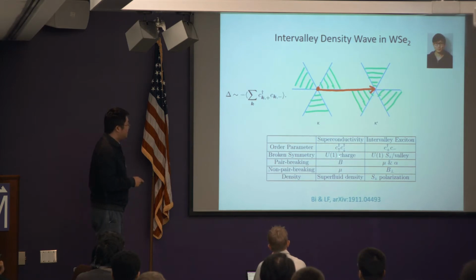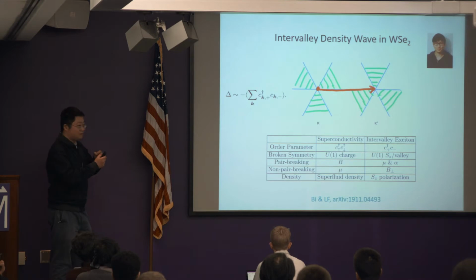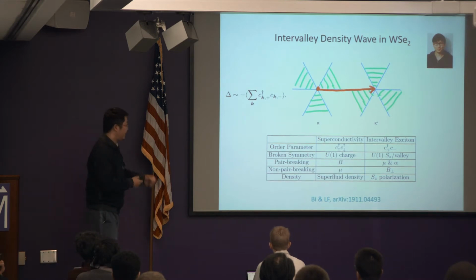In superconductivity, we have a pairing between up and down electrons. Here, we have pairing between spin up electrons in valley K and spin down holes in the other valley K prime. Instead of breaking the overall charge U(1) symmetry, this state breaks the U(1) valley symmetry or the U(1) spin S_z symmetry. Spin and valley, to remind you, are locked to each other in this system.